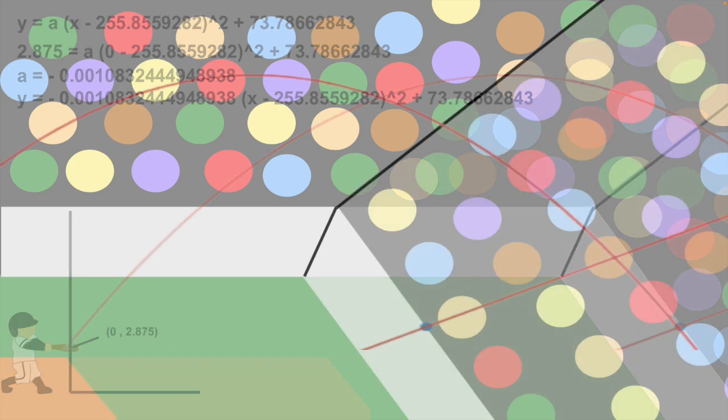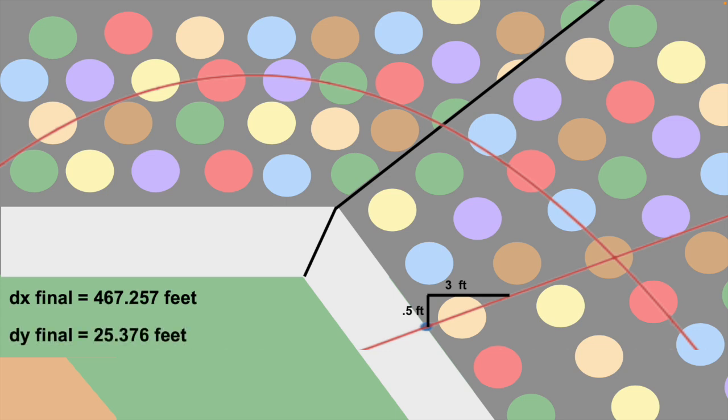We then need to figure out the slope of the stands that the ball lands in. The slope of the stands is 0.5 feet by 3 feet. The intercept between the stands and the parabola is 467.257 feet and 25.376 feet.